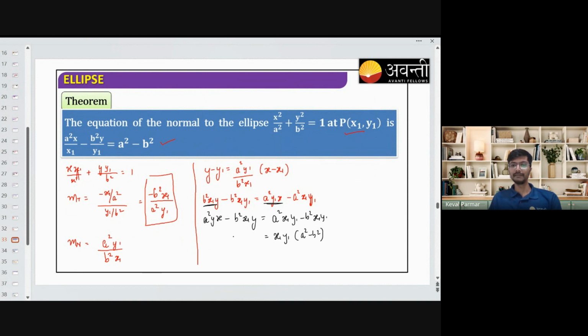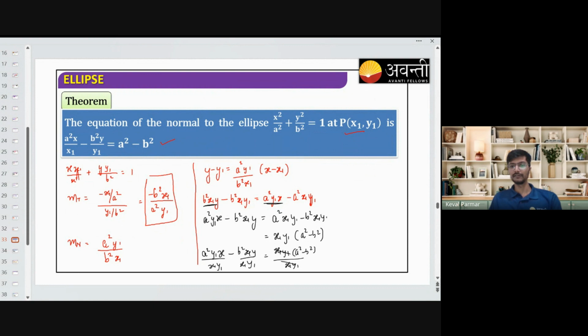So if we divide by x1 y1 on both the sides, what will we get? a square y1 x upon x1 y1 minus b square x1 y upon x1 y1 is equal to x1 y1 into a square minus b square upon x1 y1.